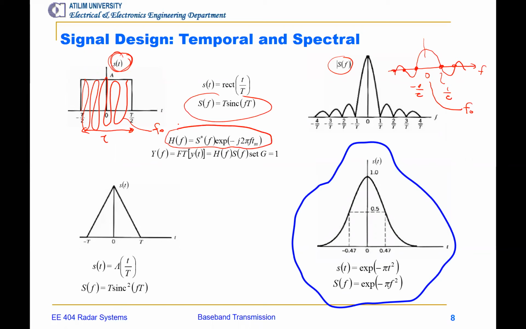Because its impulse response is given in terms of the signal. So we see that when we use a pure rectangle, we have a main lobe, as well as many side lobes. So if we get the amplitude spectrum, we'll see side lobes in here, okay?